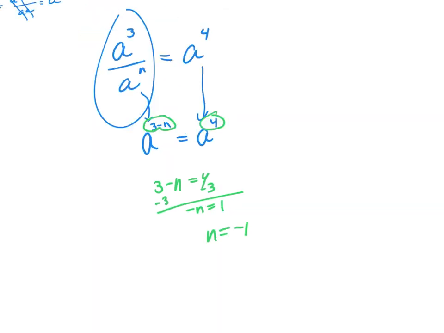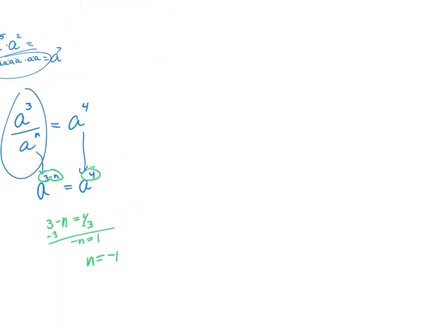Okay, good. One last one. A to the n times a to the 5 is equal to a to the 14th. Use what I've been telling you about getting the same base and solve.